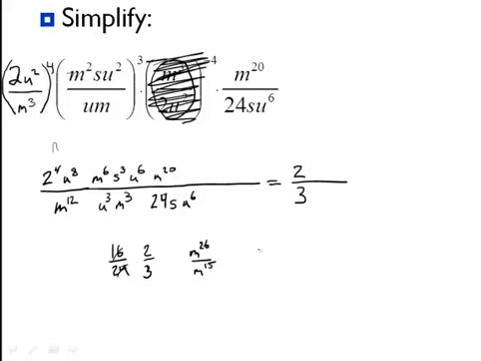The m's on top win by 11, so I'll write m to the 11th on top. Then the next letter in the alphabet, I guess, would be the s's, and so there's 3 factors of s on top, and there's 1 factor of s on the bottom, and so that works out to the s's winning by 2.